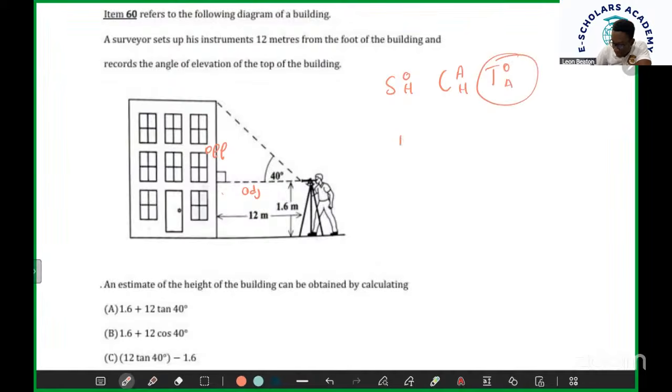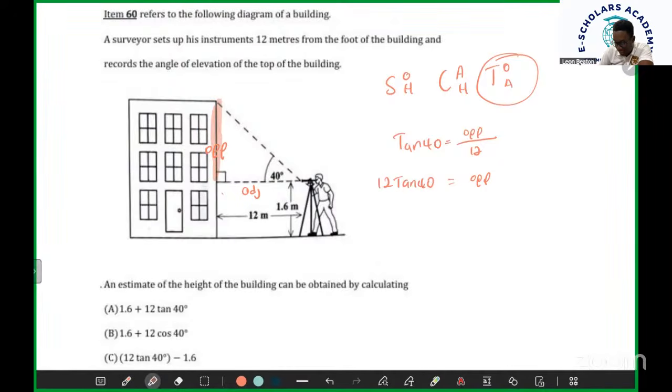So tan 40 is equal to the opposite, which is what we want to find, over the adjacent, which is 12. So the opposite is equal to 12 times tan 40. And that will give us this height here.